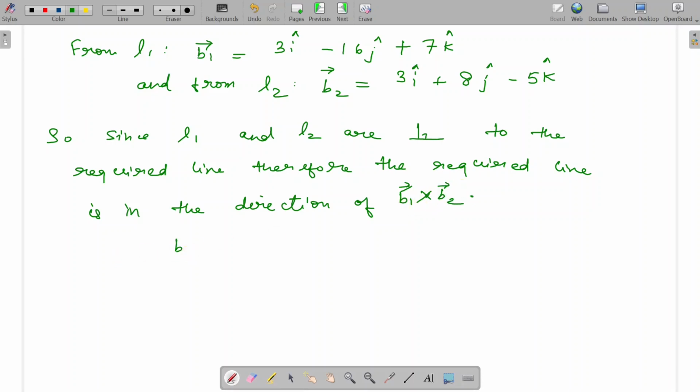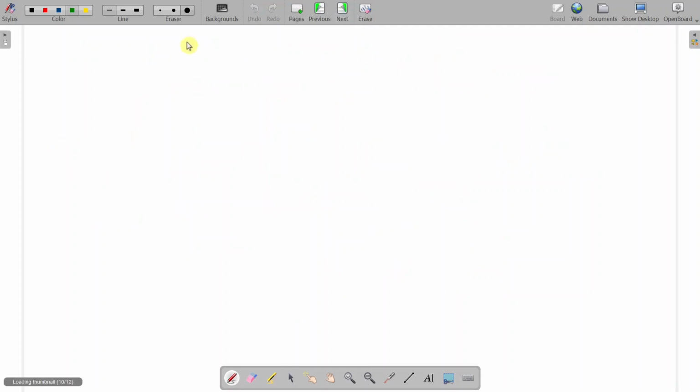So B1 bar cross product B2 bar is equal to the determinant with i cap, j cap, k cap, then coefficients of B1, that is 3, minus 16, 7, then coefficients of B2: 3, 8, minus 5, okay. So now let us find B1 bar cross product B2 bar.